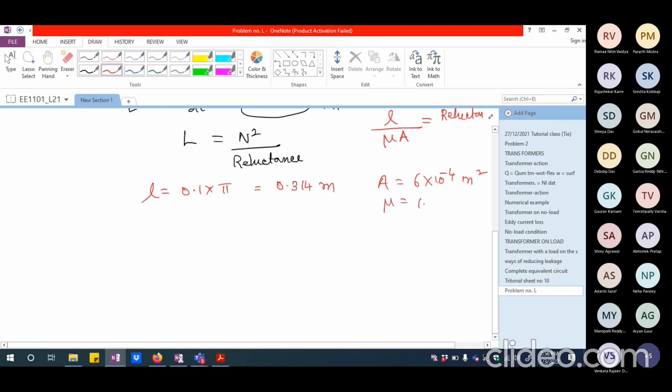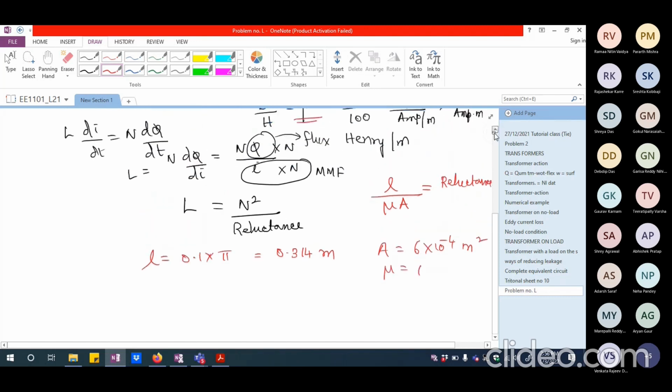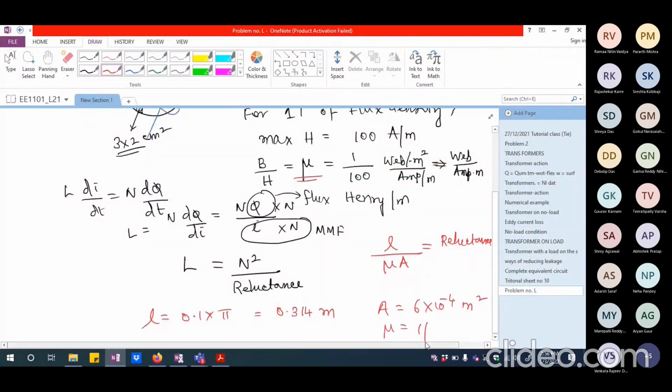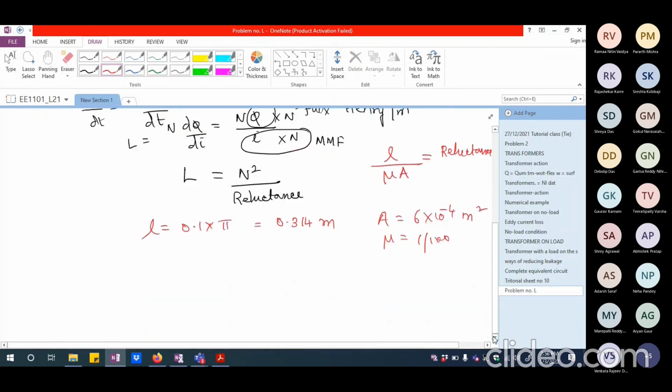And mu already we wrote as 1 by 100, which is 10 power minus 2. So I can write reluctance in this particular case as L, which is 0.314, multiplied by 100 divided by 6 multiplied by 10 power minus 4.